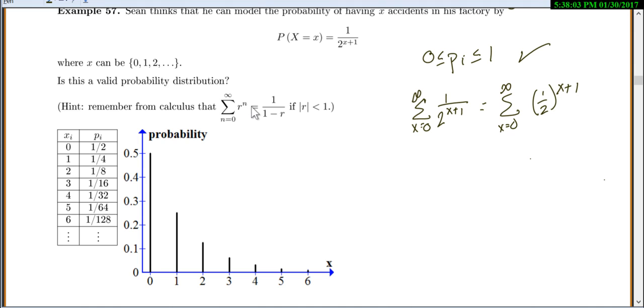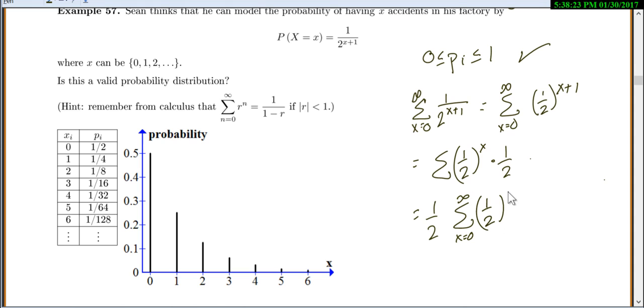So we kind of look like this r to the power of n, but not quite. What I could do is split that 1/2 to the x plus 1 up and say this is the sum of 1/2 to the x times 1/2, and I could pull out that 1/2. So we'd have 1/2 times the sum from x equals 0 to infinity of 1/2 to the power of x. And now I can use that formula.